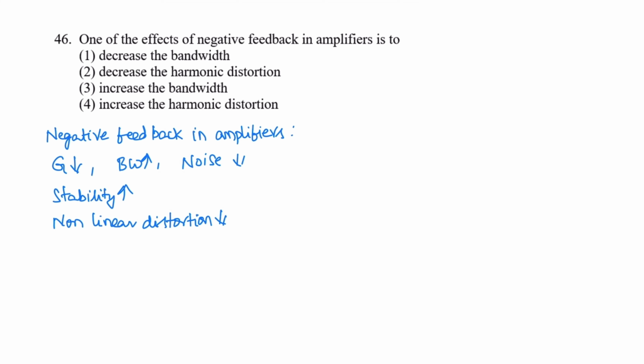From this, the correct option is 2: decreases harmonic distortion and nonlinear distortion and increases the bandwidth. So the correct options are 2 as well as 3. These are the correct options for this question 46.